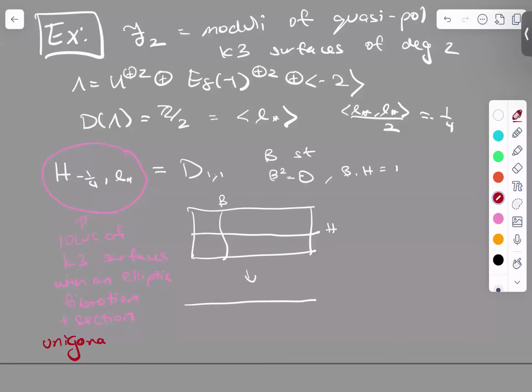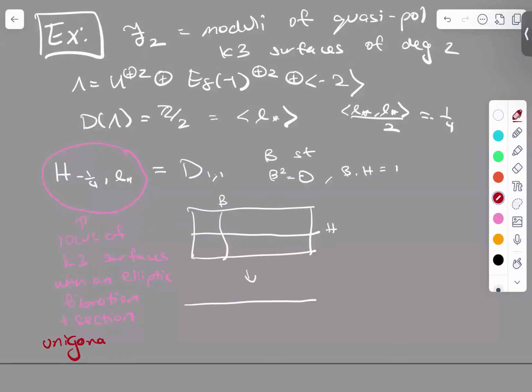Okay. And similarly, just as one more example, if I consider this Heegner divisor in the Noether-Lefschetz notation, this is D00, which means that I have a class beta such that beta squared is equal to -2 and beta dot h is 0.